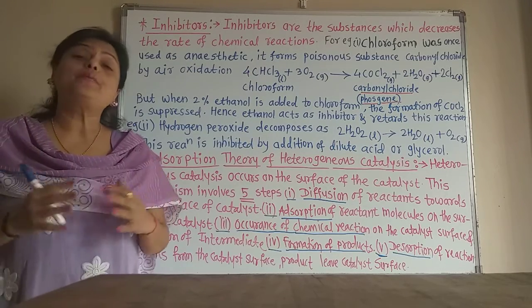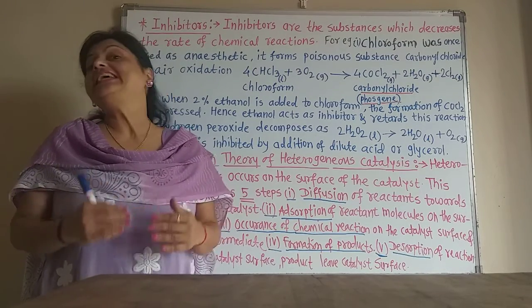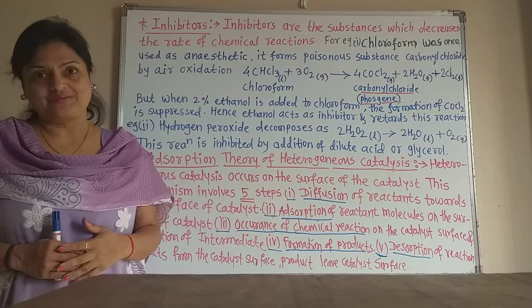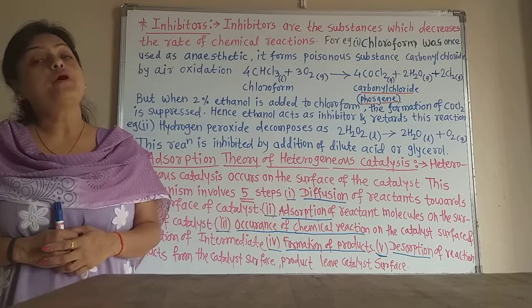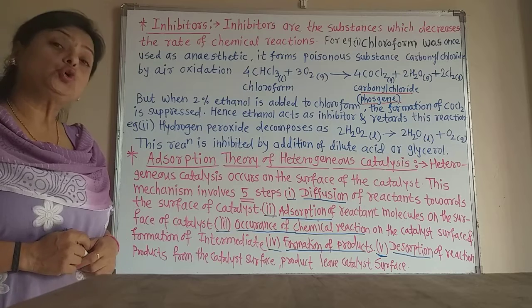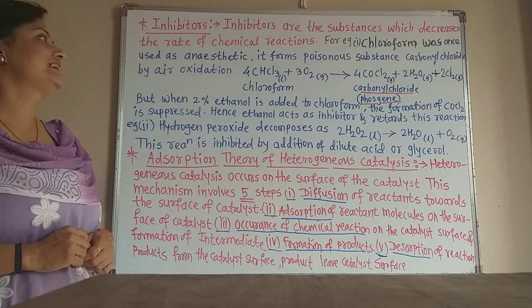Now this 2% ethyl alcohol acts as the inhibitor because it retards the reaction. It decreases the rate of the reaction, and there is no formation of the poisonous gas carbonyl chloride. So 2% ethyl alcohol acts as the inhibitor in this reaction.